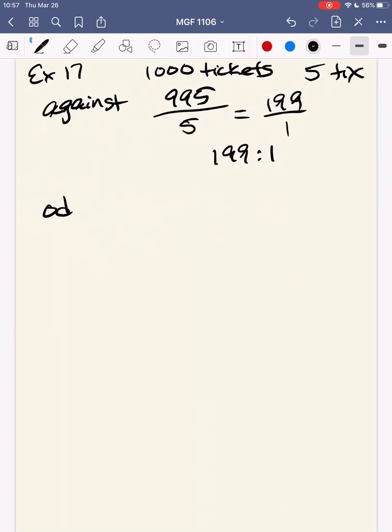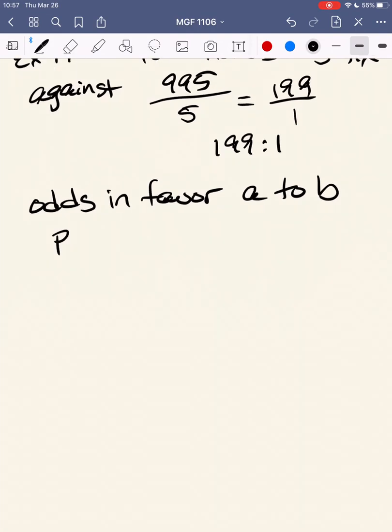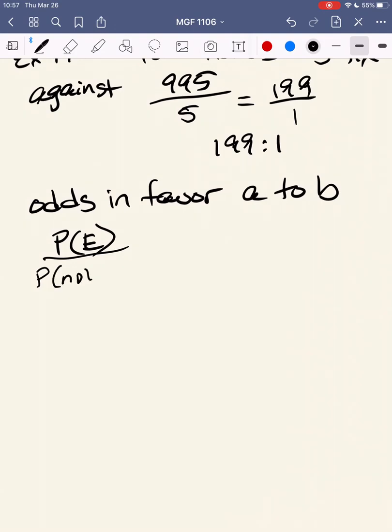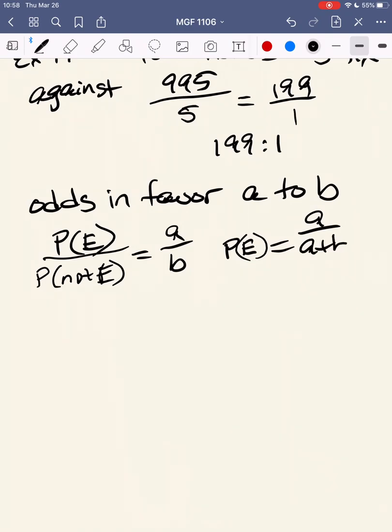If the odds in favor of an event are A to B, then the probability in favor over the probability of not occurring gives you A over B. That's the odds in favor, A to B. So if you know this to be true, then P of E is equal to A divided by A plus B.